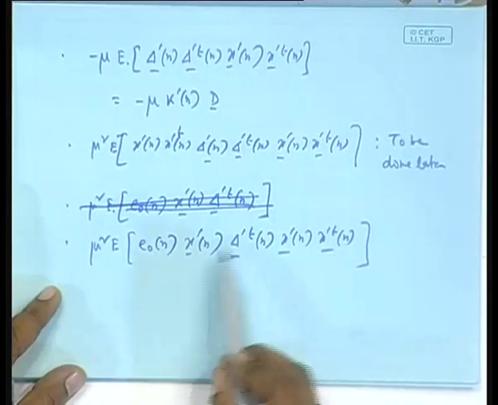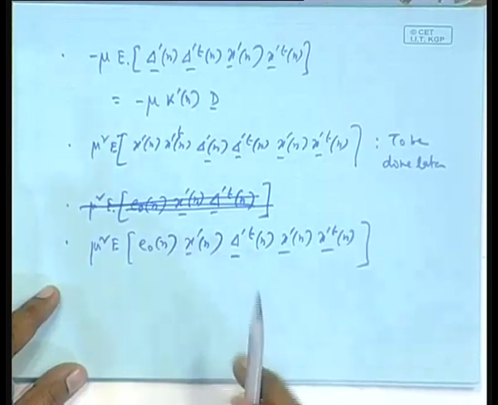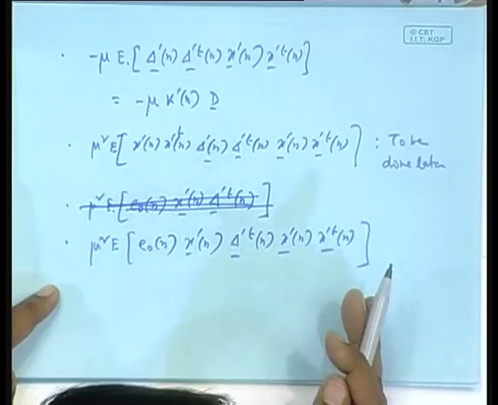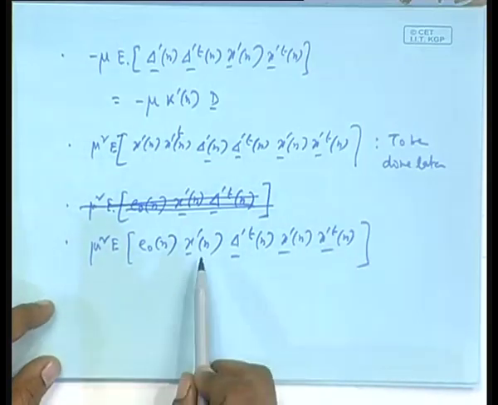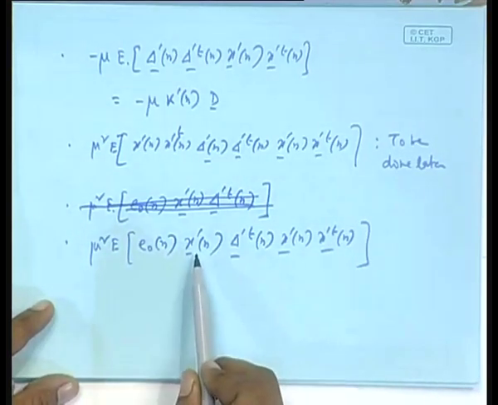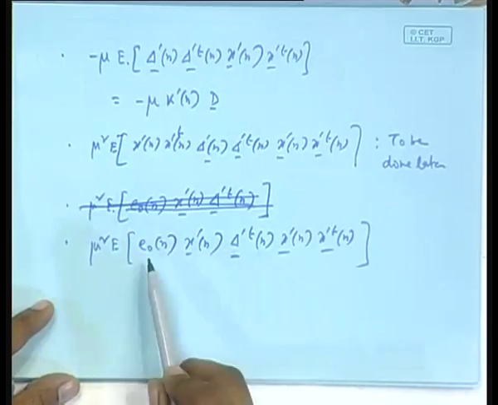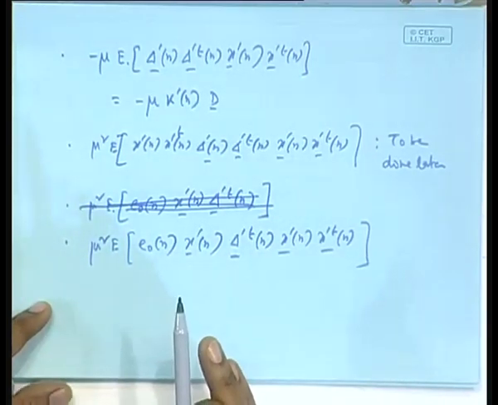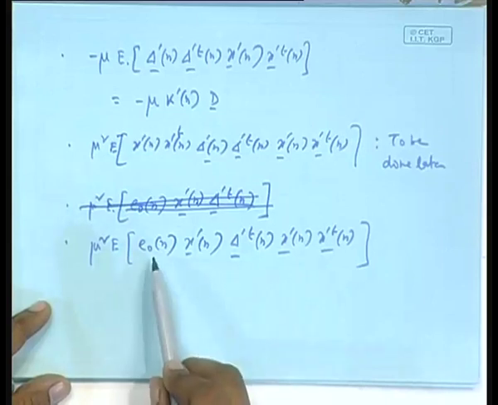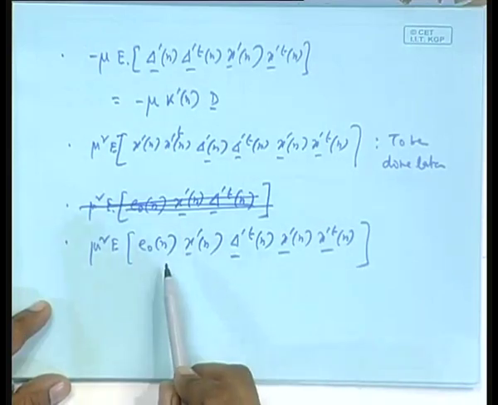Here you see delta prime(n) and x prime(n); by our independence assumption, they are statistically independent, because x prime(n) is obtained from x(n) and this depends only on w(n). Similarly, E_o(n) and delta prime transpose are statistically independent, because u(n) consists of d(n) and x(n), and it consists of delta(n), w(n), so independent.